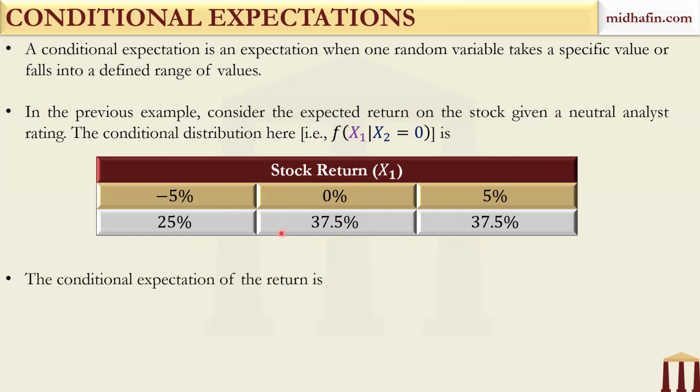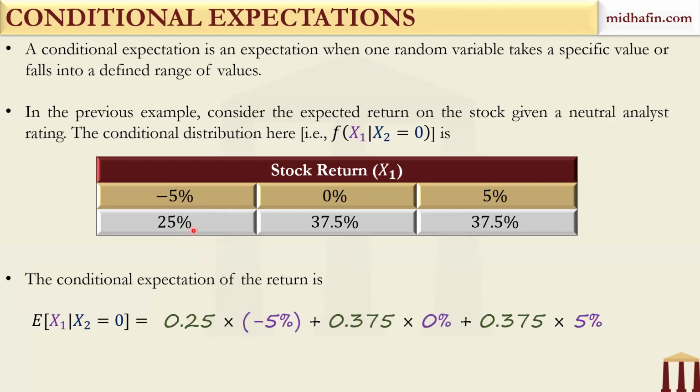Very simple. These are the probabilities and these are the outcomes. So just do summation pi xi. So given x2 is equal to 0, these are the probabilities. The values are simply this pi xi. This multiplied by this plus this multiplied by this plus this multiplied by this. Finished. 0.00625 or 0.625%.